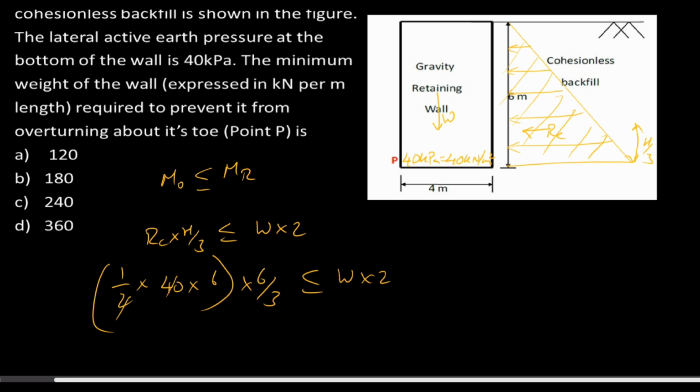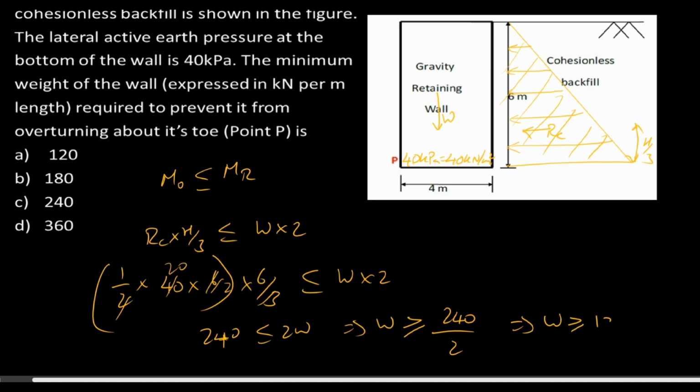So solving we get 240, which is lesser than or equal to 2W, whereas W will be greater than or equal to 240 divided by 2, which is W greater than or equal to 120 kilonewton. So the minimum weight of the wall should be 120 kilonewton.